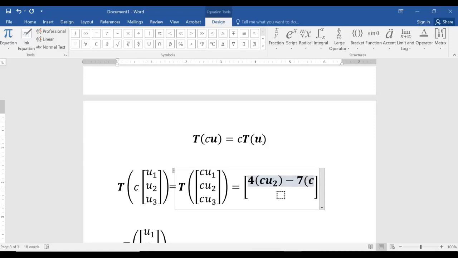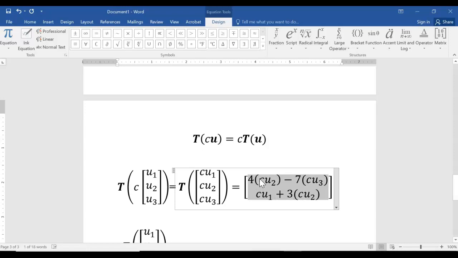The third entry is cu3. Next, we're going to take the first entry, cu1, and add 3 times the second entry, and so my output vector looks like this.